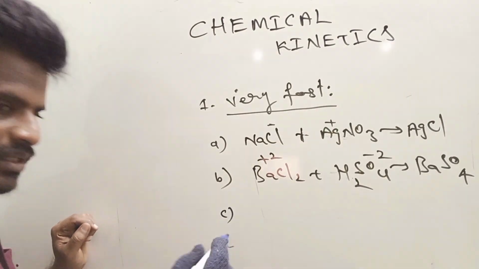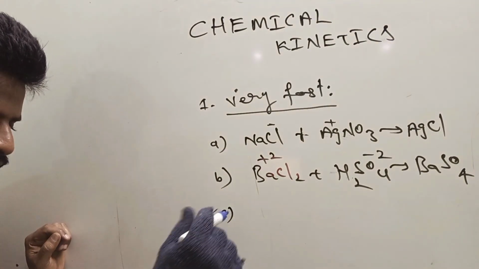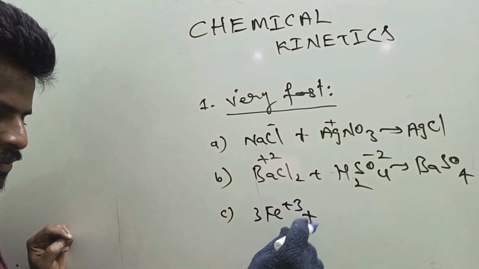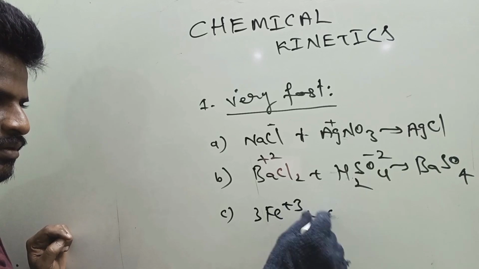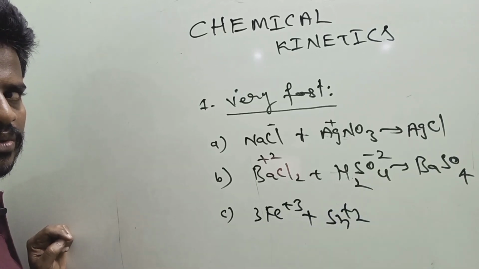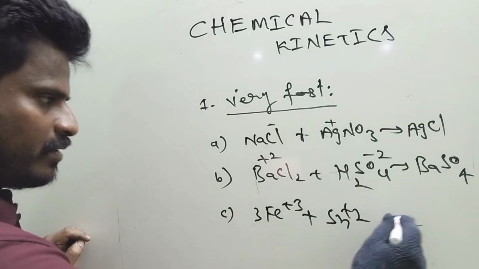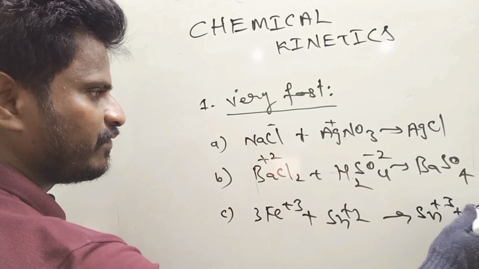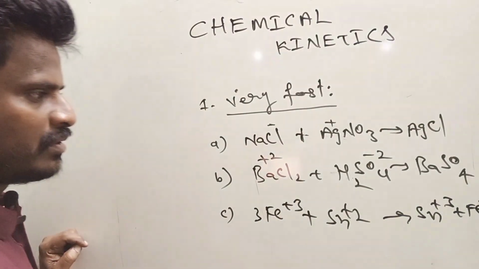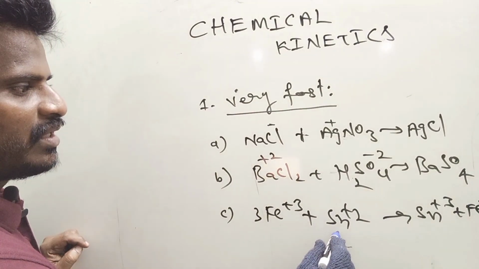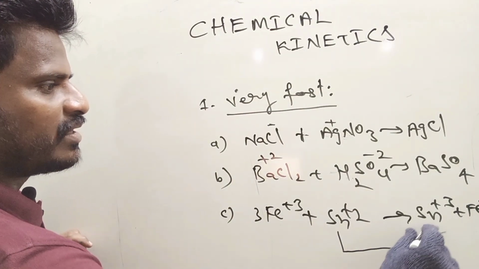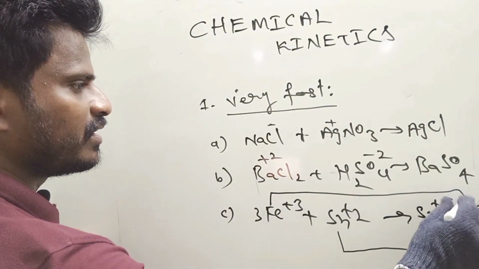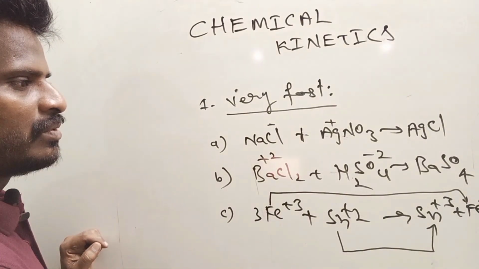And let us see the reaction when Fe plus 3 reacts with Sn plus 2, it gives Sn plus 4 and Fe plus 2. Here we observe that Sn plus 2 is converted to Sn plus 4 and Fe plus 3 is converted to Fe plus 2.